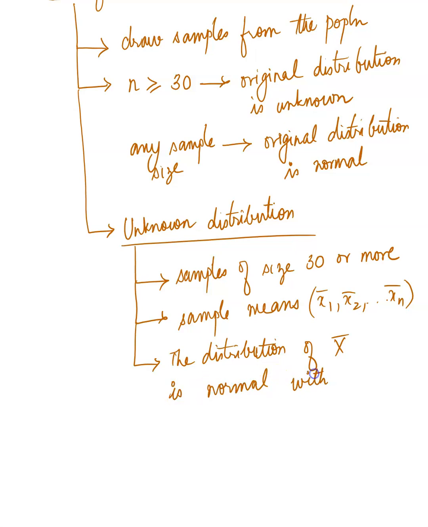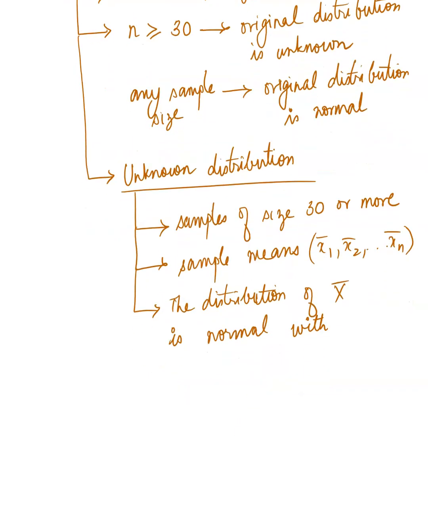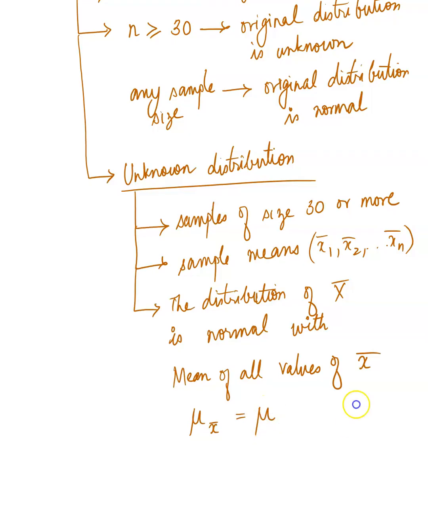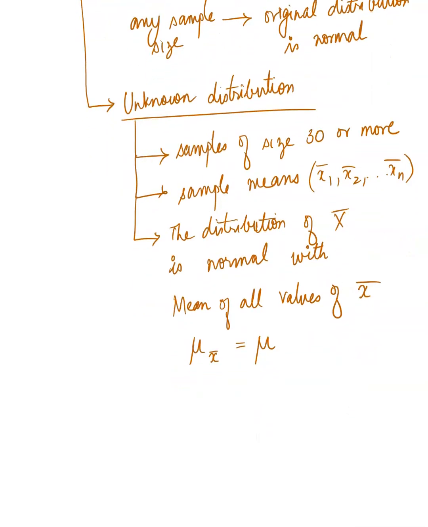with, when we say normal, normal comes with two parameters, mu and sigma, right? So it's going to be normal with mean of all values of x bar, right? That's the mean. And so the notation for that is mu x bar, which is going to be mu itself, which matches with the original distribution.